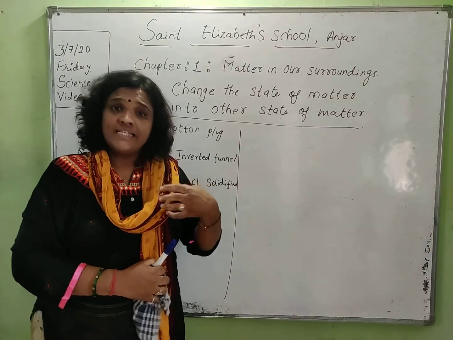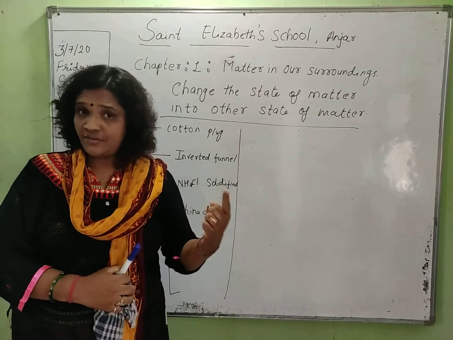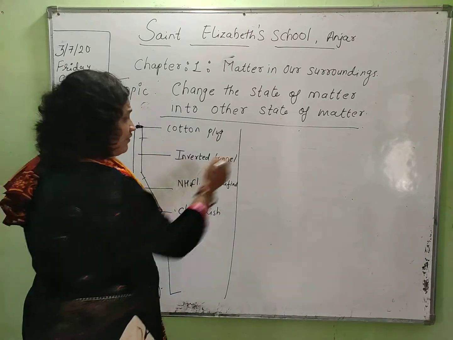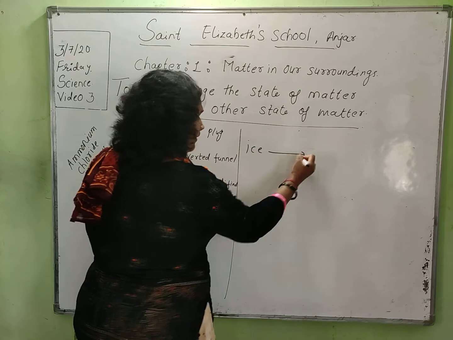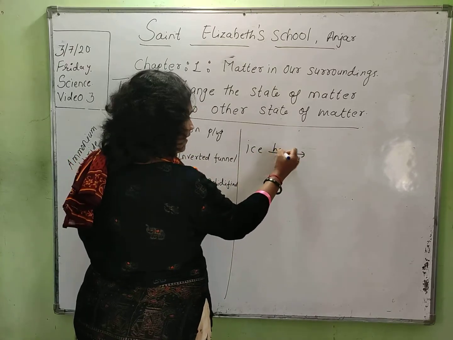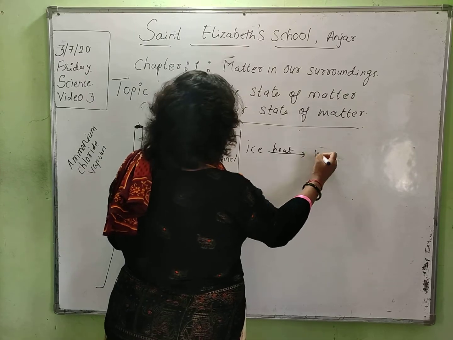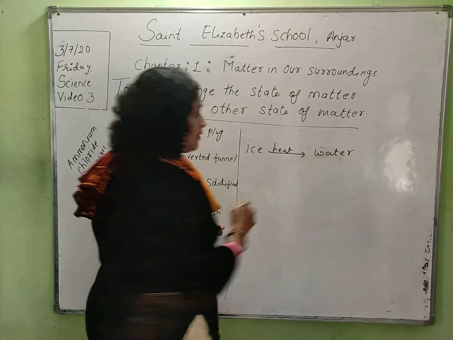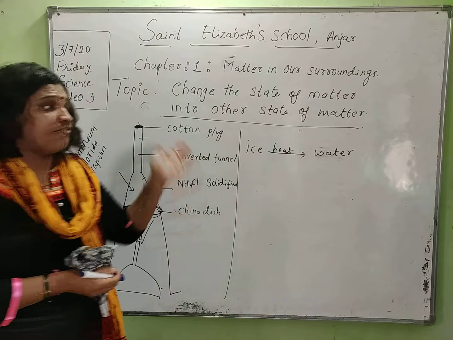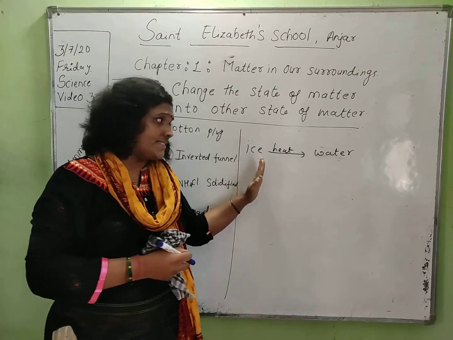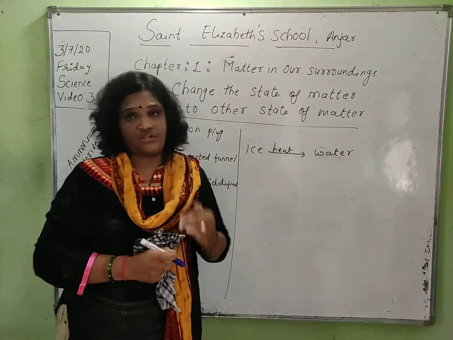So where has this heat gone? That is the first question. When we heat ice, it turns into liquid water, but the thermometer does not show a rise in temperature until all the particles of ice convert into water.